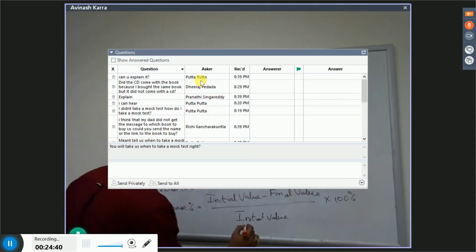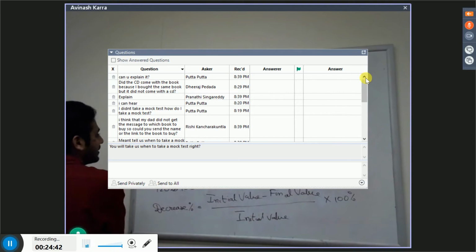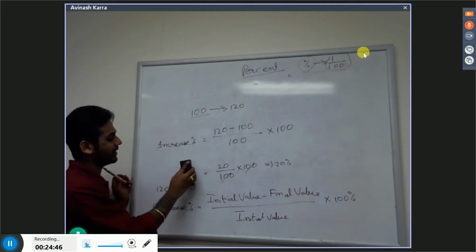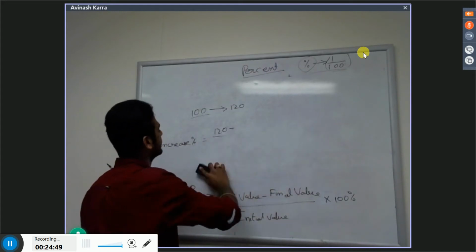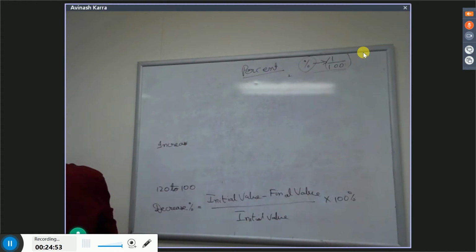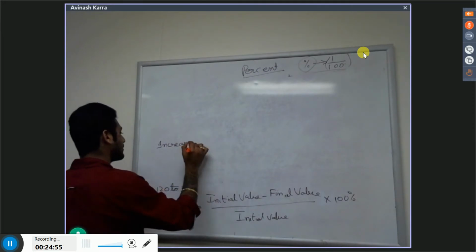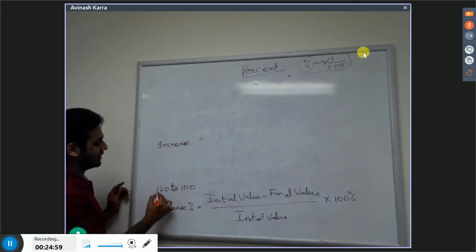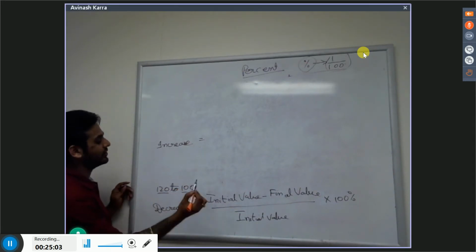Okay. If I substitute that, let me erase it. 120 to 100. What is the initial value? 120. Final value is 100.